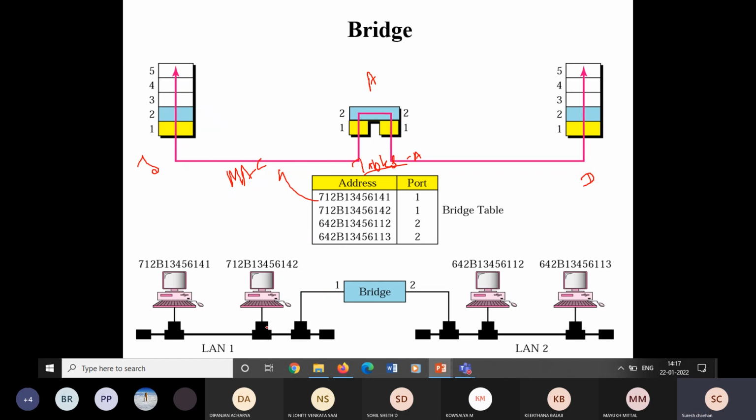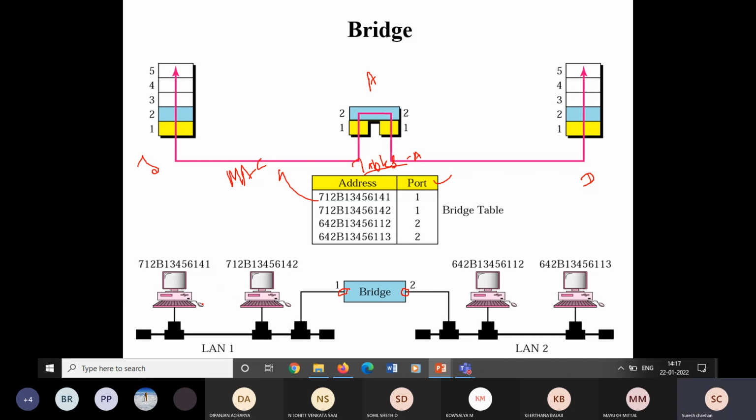So this is the port number. In the bridge we'll be having this. So this is one port and this is the other. Here they have mentioned the ports of the bridges, not the ports of the devices.